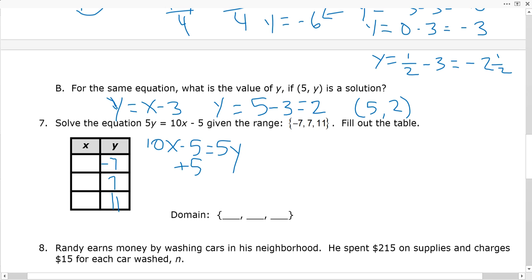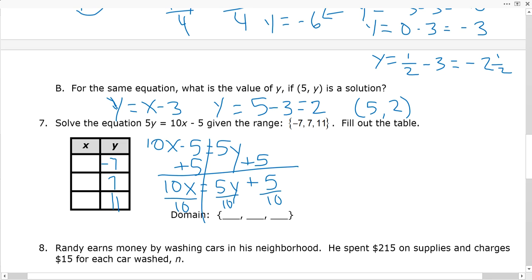I'm going to add 5 to both sides. I'm going to divide by 10. And I end up with x equals 1/2 y plus 1/2.